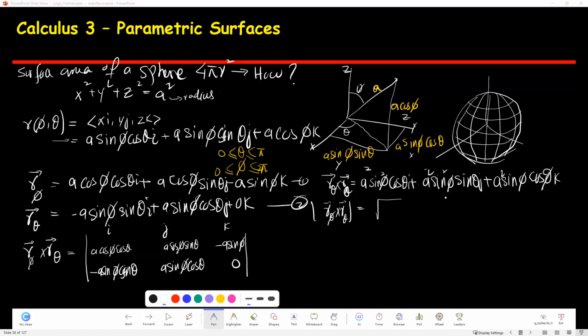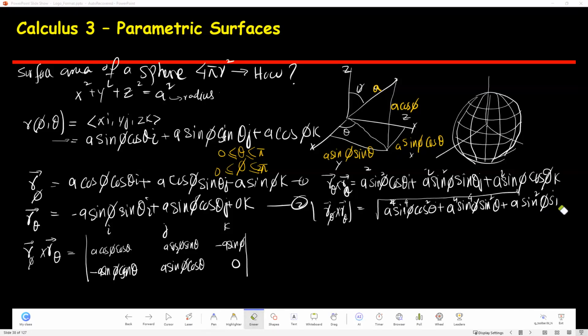The magnitude is equal to the square root of x square plus y square plus z square. So it's going to be A to the 4th sine to the 4th phi cos square theta plus A to the 4th sine to the 4th phi sine square theta plus A to the 4th sine square phi cos square phi. When I take the common and substitute the values, sine squared theta plus cos squared theta equals 1.